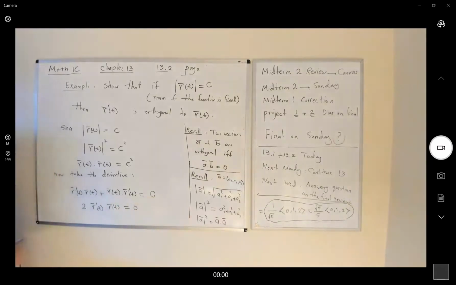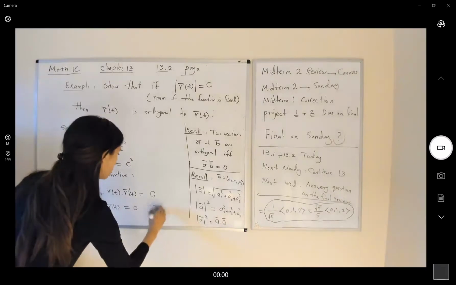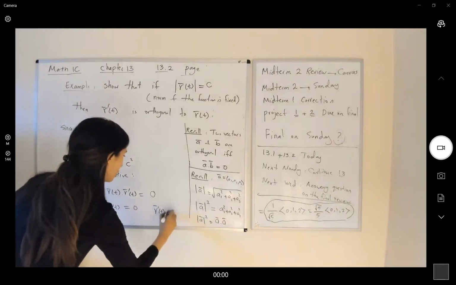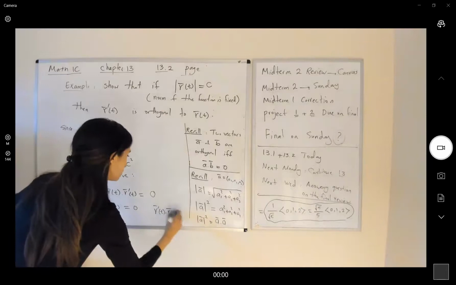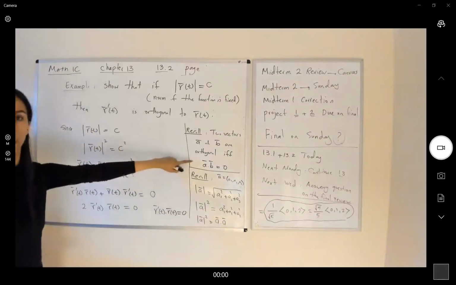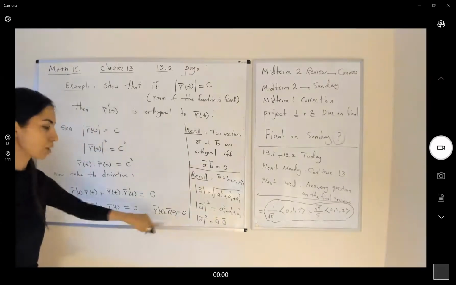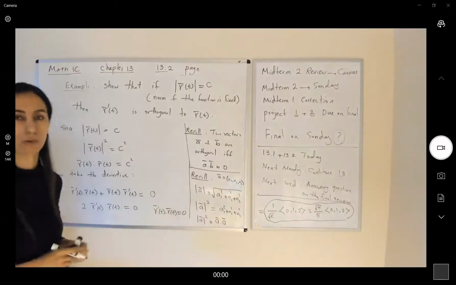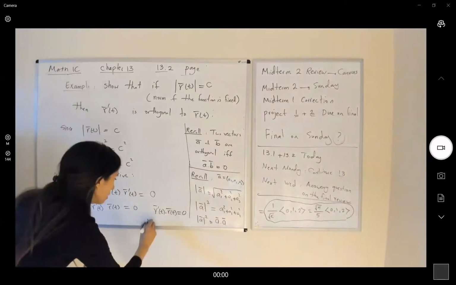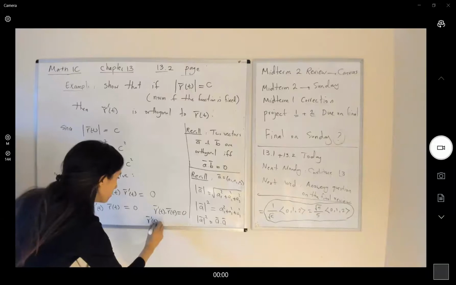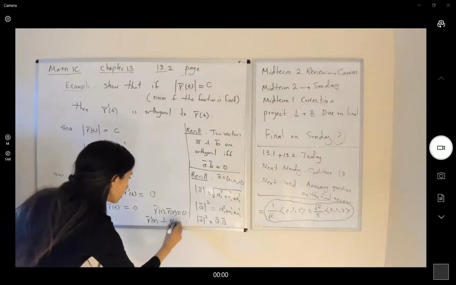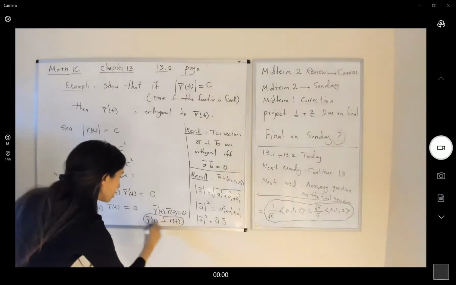And if I divide both sides by 2, I get R prime times R equal to 0. What's the meaning of that? It means that the dot product between two vectors is equal to 0. So R and R prime are orthogonal or perpendicular to each other.